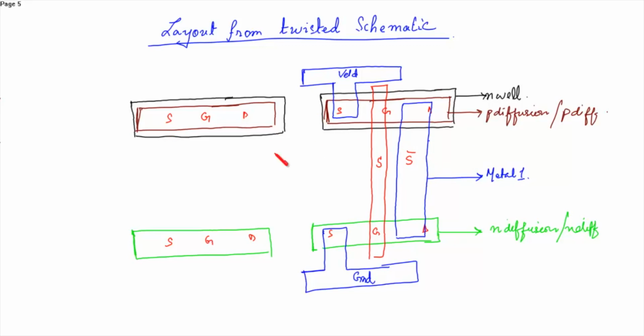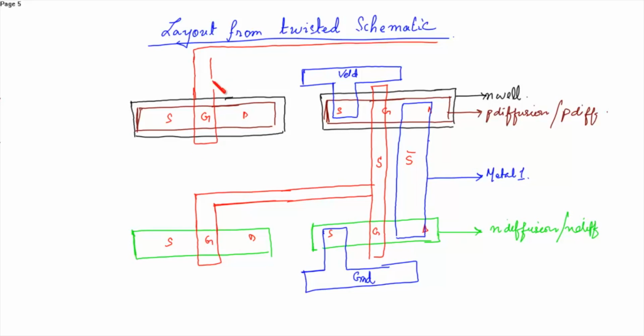Okay, now this gate is connected to, now this is the metal layer.